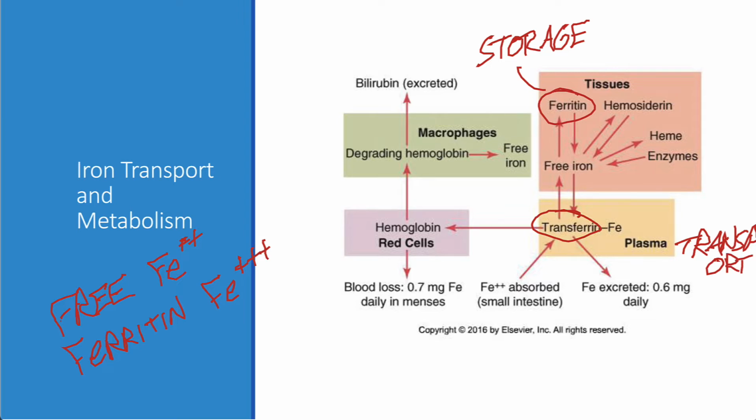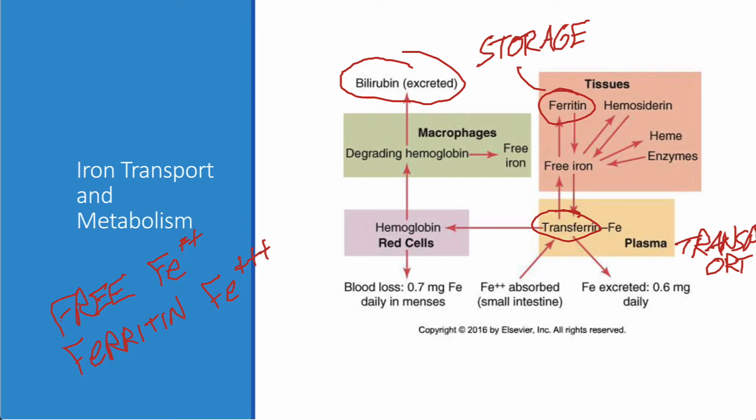Transport form of iron. And that transferrin goes through the plasma and then is used to create new red blood cells. And remember, importantly, bilirubin is one of the byproducts of breakdown of hemoglobin and the release of free iron.